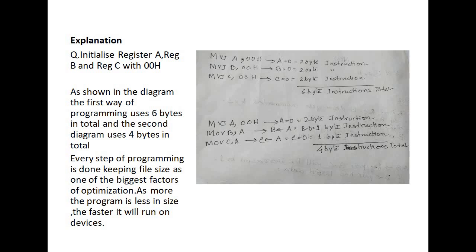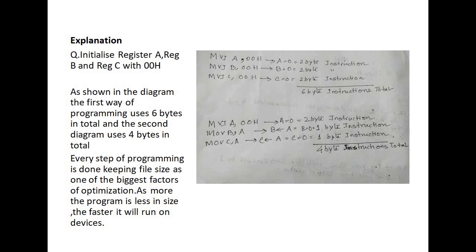When you are doing higher level programming, your aim should also be to use the minimum number of memory locations. You have to keep in mind the factor of optimization, and the file size is one of the biggest factors of optimization.